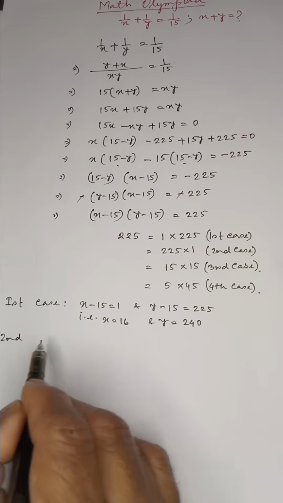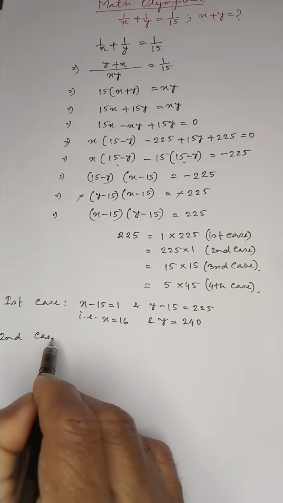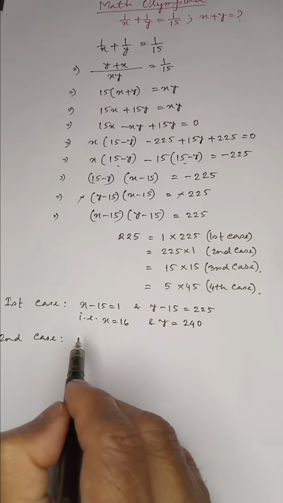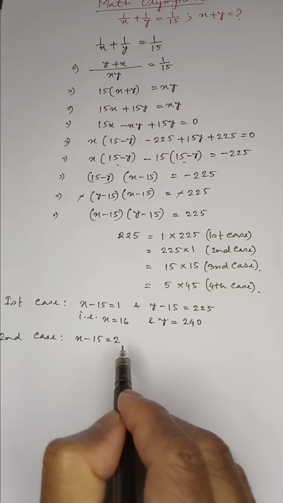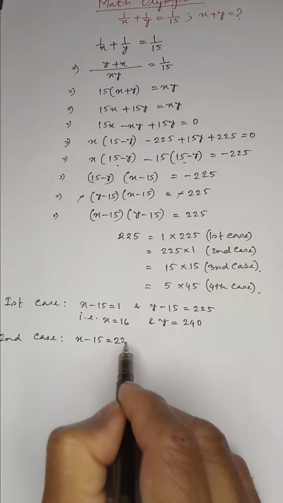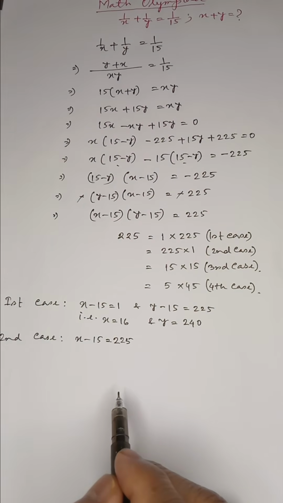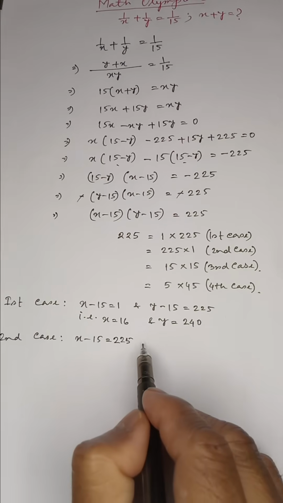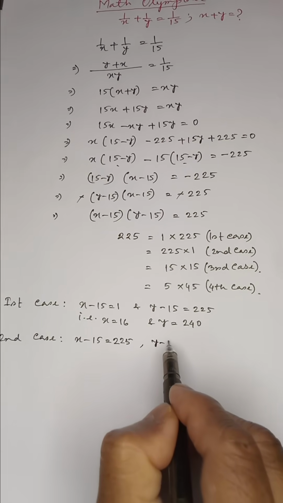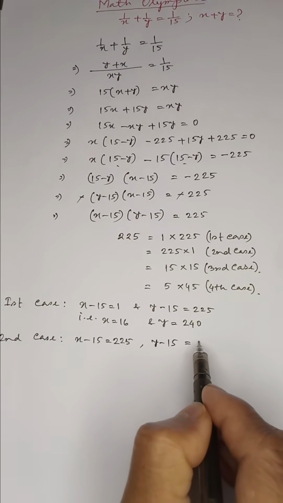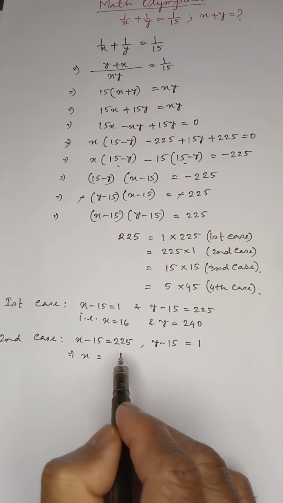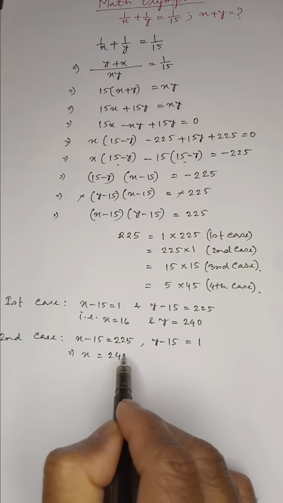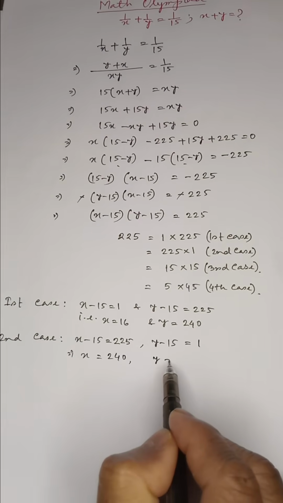Second case, x minus 15 equal to 225 and y minus 15 equal to 1, that is x equal to 240, y equal to 16.